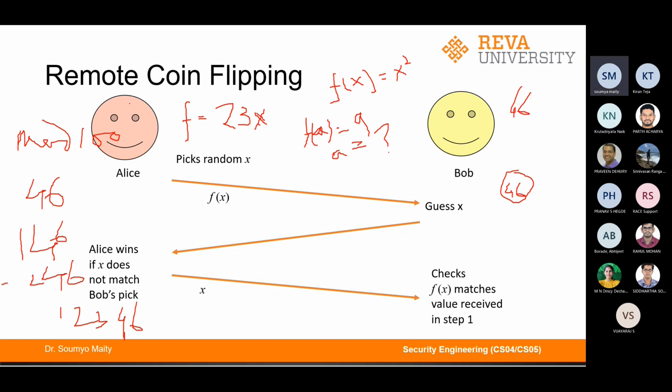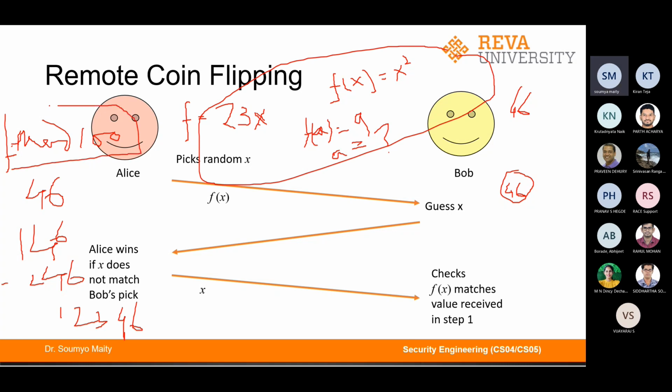So for this particular function we really cannot get back the original x. But for the other function we can. So this particular type of function that does not let me guess what the original number is, is called a one-way function. Make sense?